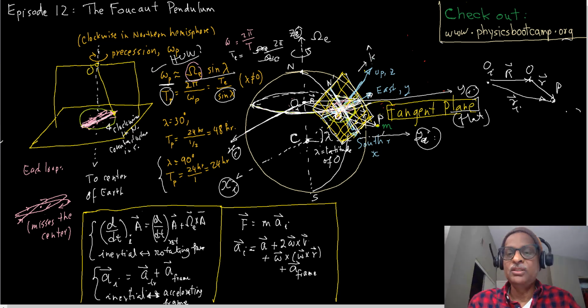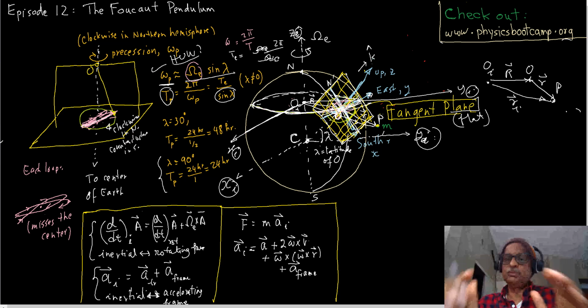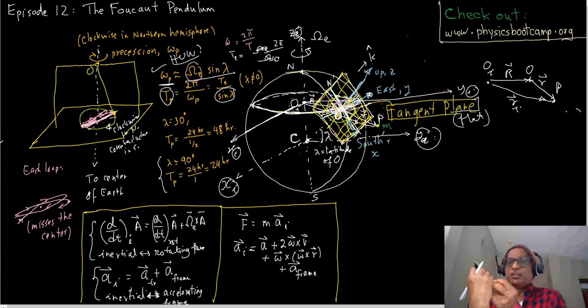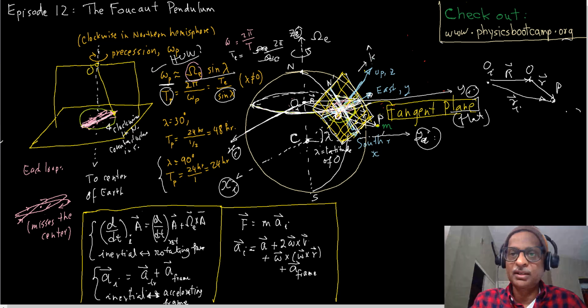Okay, so this would be my X, Y, Z, and you can see this frame is actually going around the Earth. In 24 hours it comes back to this original orientation. So it's actually rotating and translating. So it has two things we have to take into account.